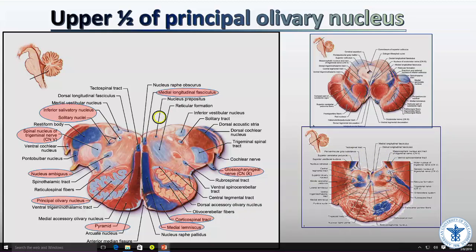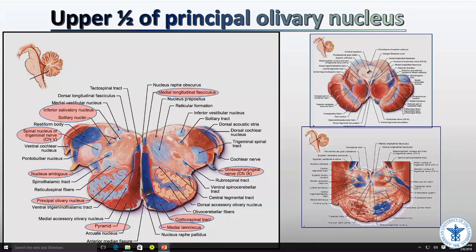Now, the medulla also has an open fourth ventricle dorsally, but how this differs from the pons is that you do not see this bulky middle cerebellar peduncle, which is not present here. You have a bit of the inferior cerebellar peduncle, but it doesn't look as bulky and big as the middle cerebellar peduncle. So that should give you a hint that we are in the medulla and not the pons.